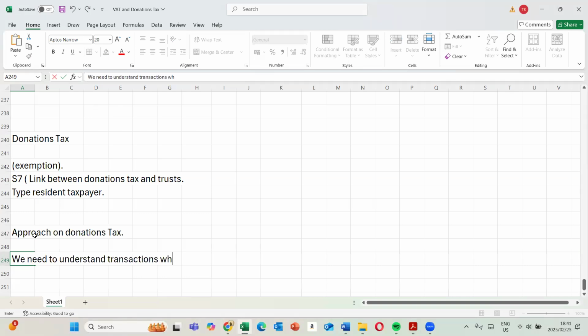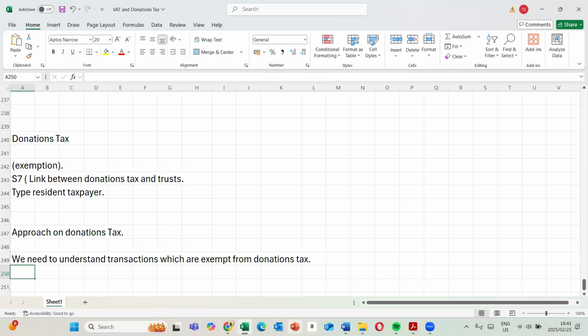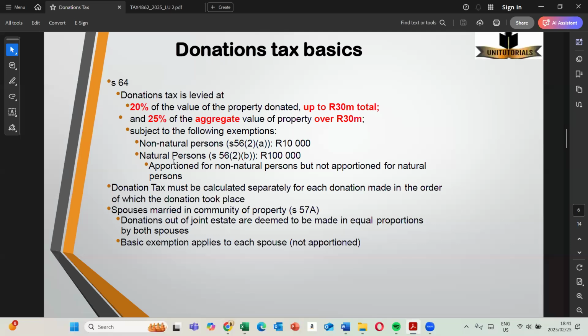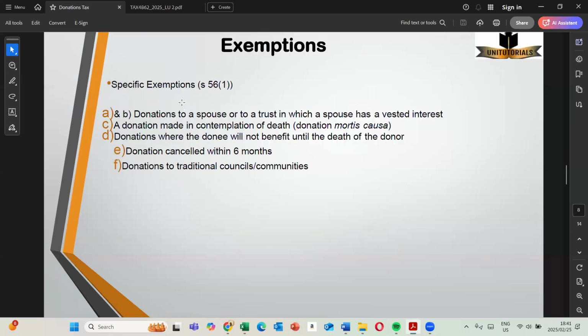We need to understand transactions which are exempt from donations tax. So we went through that list which I gave you, where I told you that with regards to donations tax, you look at section 56, subparagraph 1.